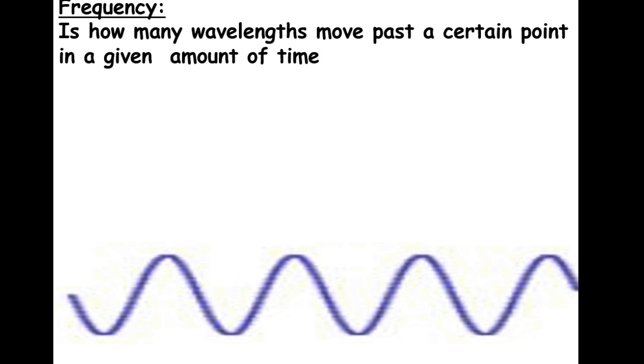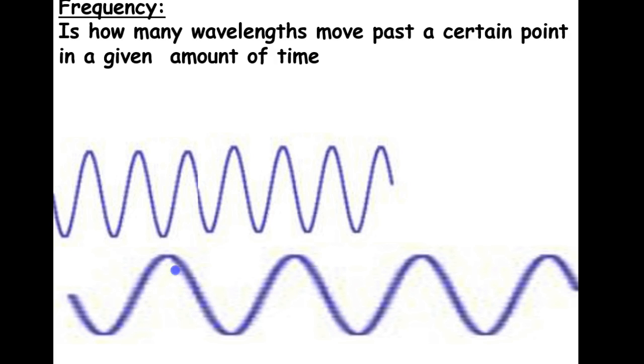So the frequency is how many wavelengths move past a certain point in a given amount of time. So if it takes a while for wavelengths to pass through an area, then that wavelength is probably a longer wavelength. If shorter wavelengths pass through that same spot, you're going to get more waves hitting that area, making it more powerful.